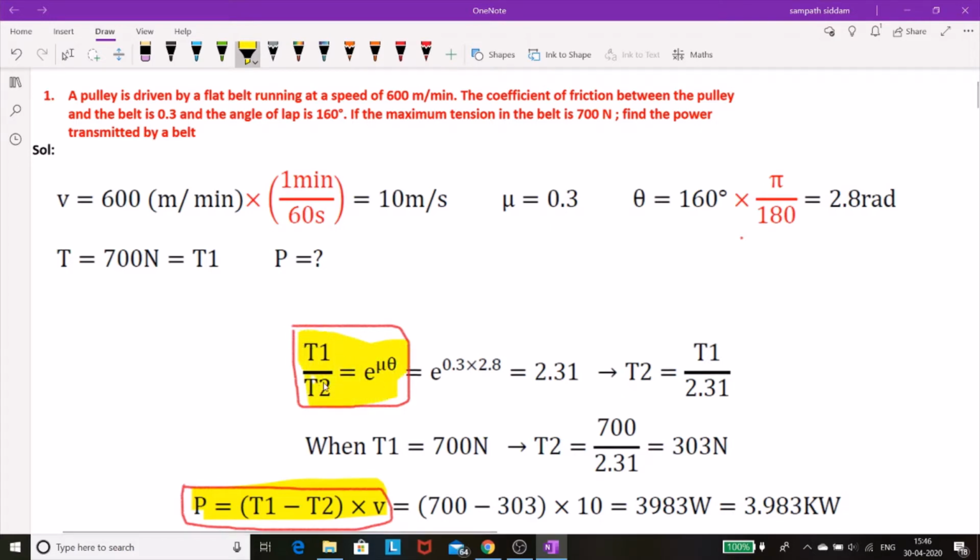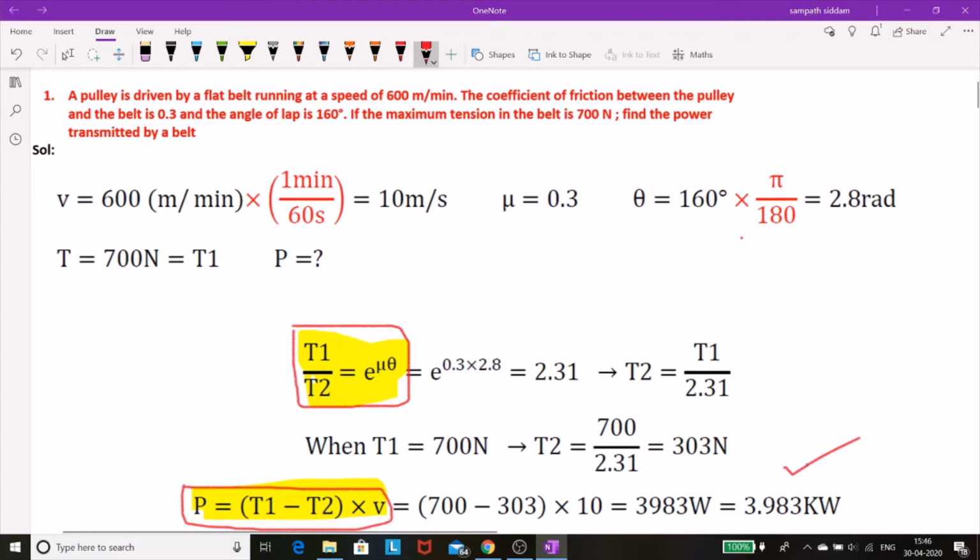According to this relation, T1 is known, T2 is what we need to calculate, mu is given, and theta, the angle of lap, is given; convert it into radians. 160 multiplied by pi by 180 gives you 2.8 radians. Substitute over here, then you will get the value of T2. Once T2 is known, substitute in the power formula, then finally you will get your power, which I got as 3.983 kilowatts. This is the first problem.